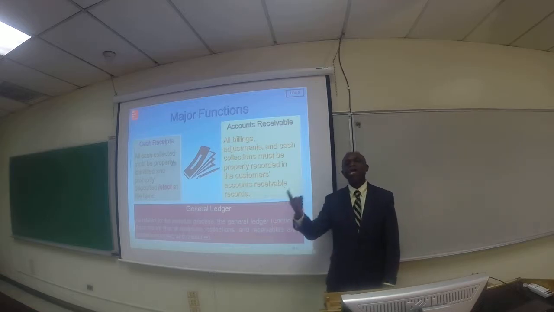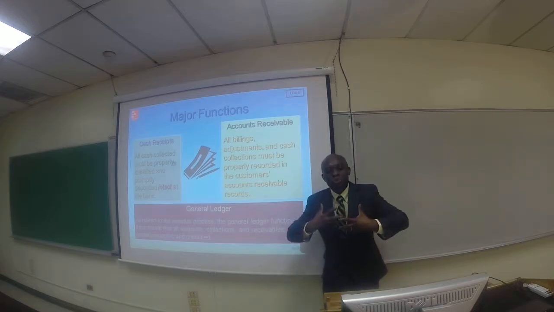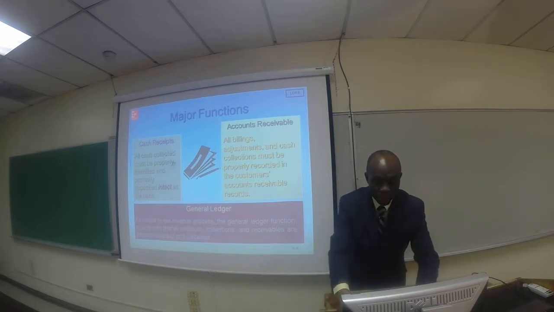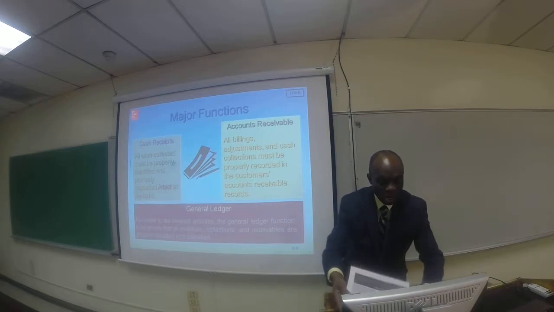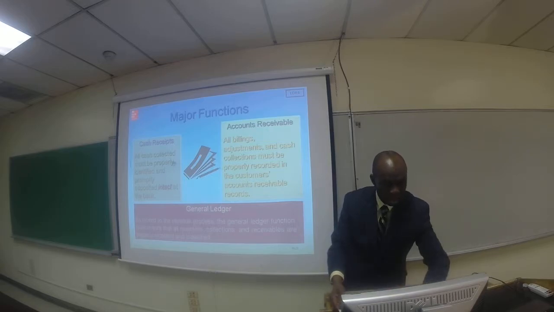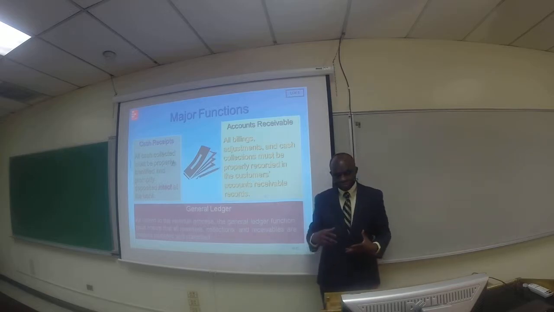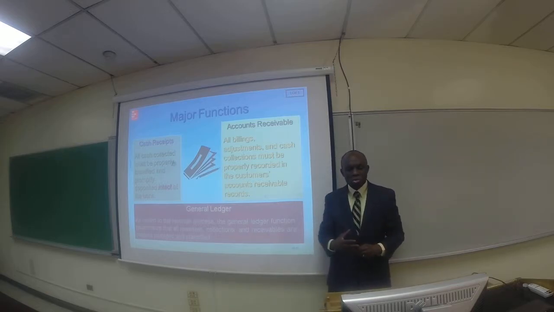Another major function, cash receipt. When cash is being received, we need to make sure that the cash is recorded properly and accurately. That is the cash receipt function. Of course, we also need to make sure that all the cash received actually winds up in the bank.